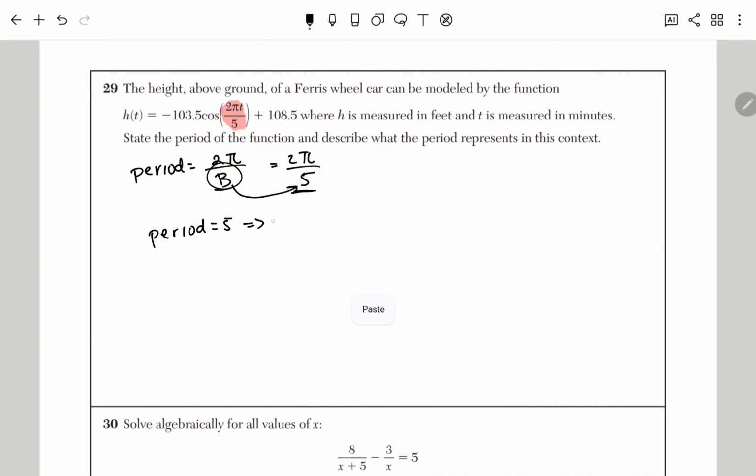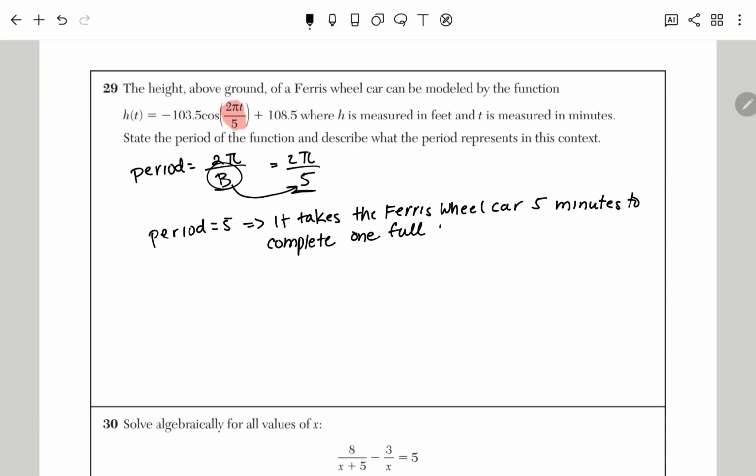It means that it takes the Ferris wheel car 5 minutes to complete one full rotation or one full cycle.